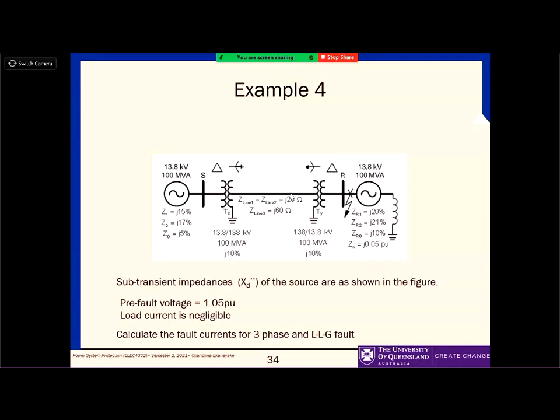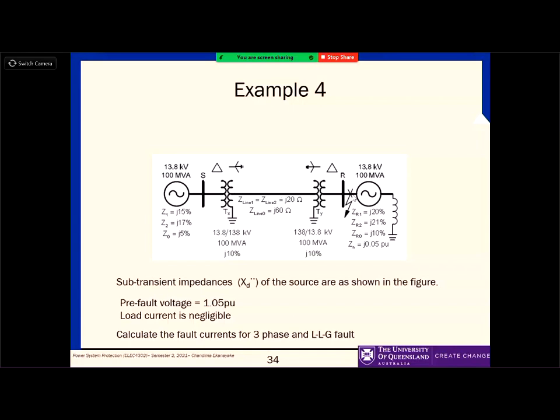But if there is a fault here, definitely there will be a zero sequence current in this network. Why? Because this network has Y networks, both of them with grounded neutral. So if there is a fault somewhere here, then the zero sequence current exists.